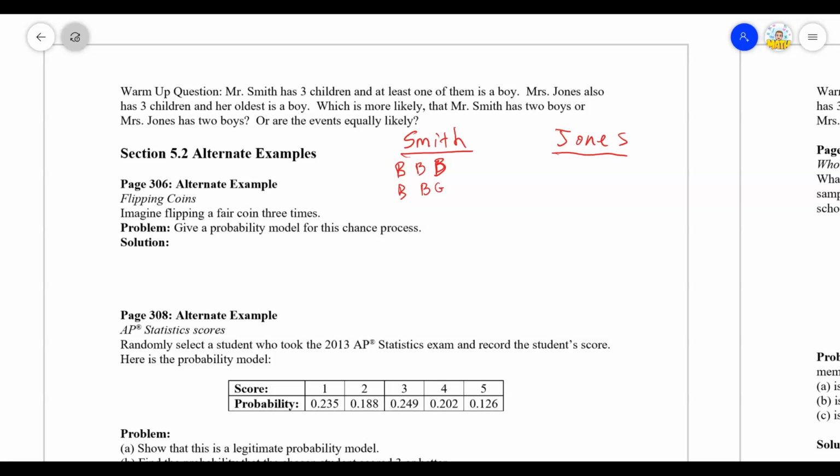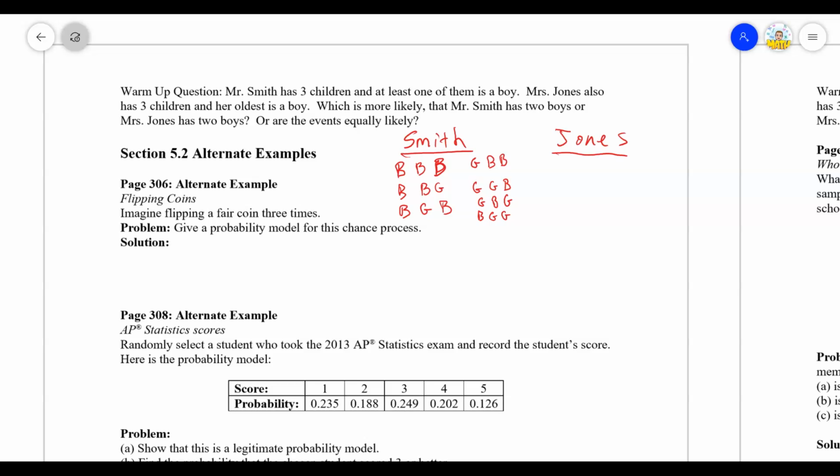He could have a boy and then a girl and then an oldest who's a boy. I think these are all the situations of what Mr. Smith could possibly have, right? He has 3 children, and at least one of them is a boy. So I've modeled that. There are 7 possible situations for how Mr. Smith's children could be laid out.